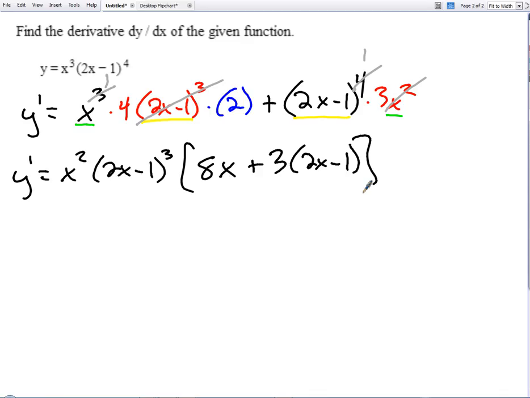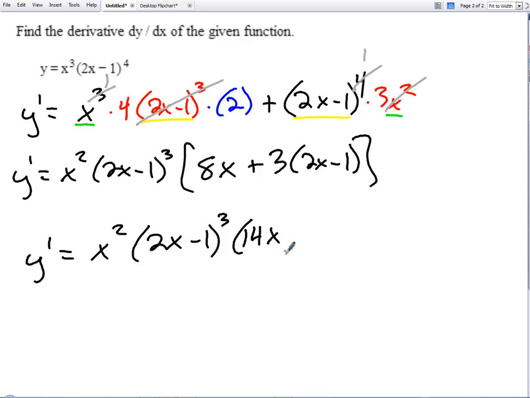I can take everything inside the brackets and distribute the 3 and combine like terms, and then I'd be done. So I've got my x squared times the quantity 2x minus 1 cubed. When all the dust settles there, what am I going to get? How many x's? 14. Minus 3. Yeah, there you go.